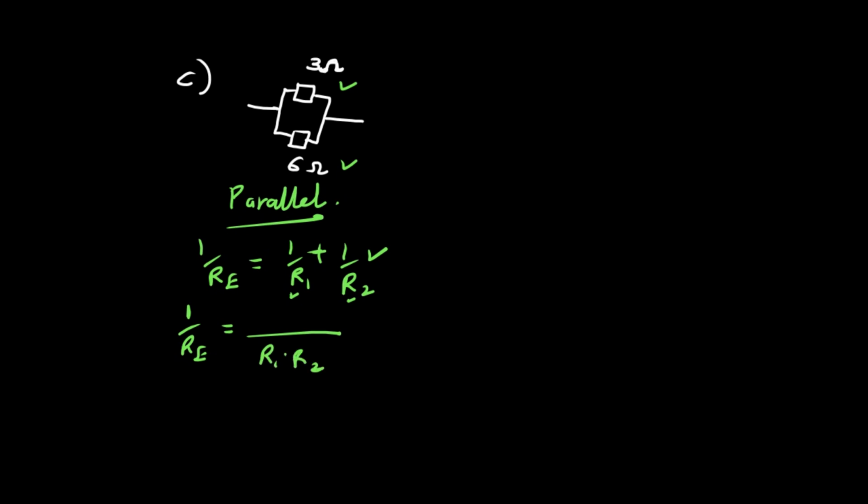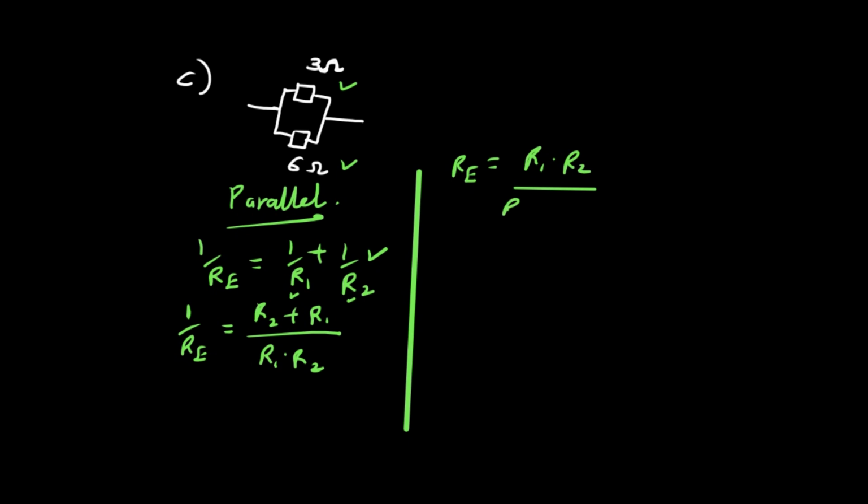R1 goes into this one R2 times, and R2 goes into this one R1 times. Doing the reciprocal on both sides, RE will be equal to the product R1 times R2 divided by the sum R1 plus R2, meaning that this is also another equation that is allowed. You can also use this one.